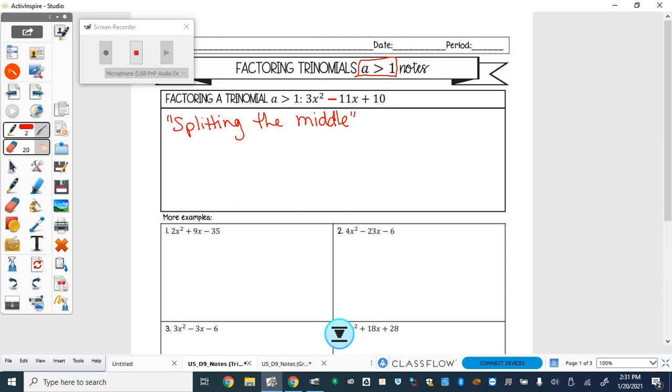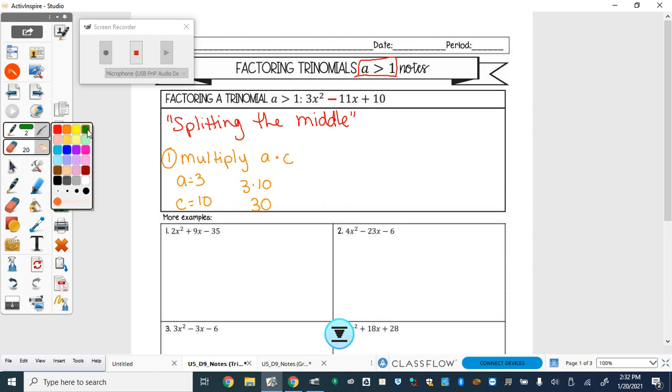So when we're splitting the middle, what we do is we multiply a times c. So in my example that I have up here, a is a 3, c is a 10. So 3 times 10 gives me a 30.